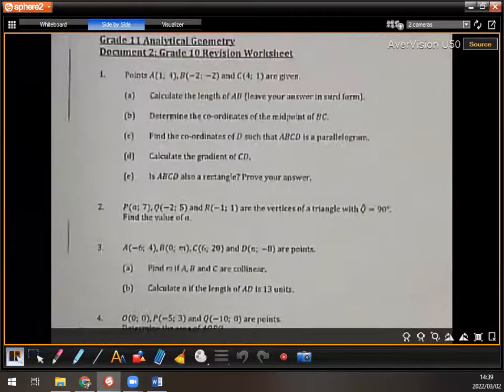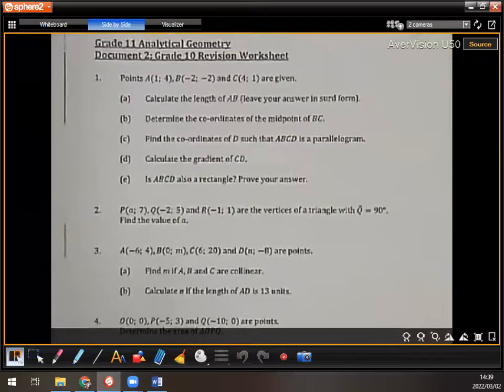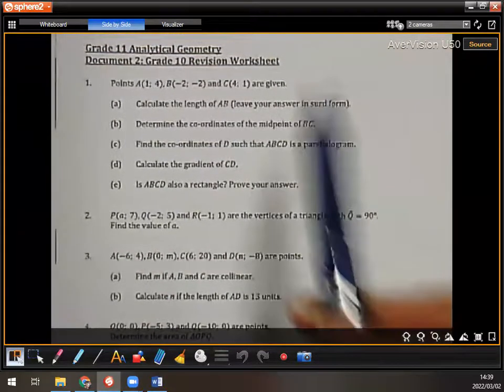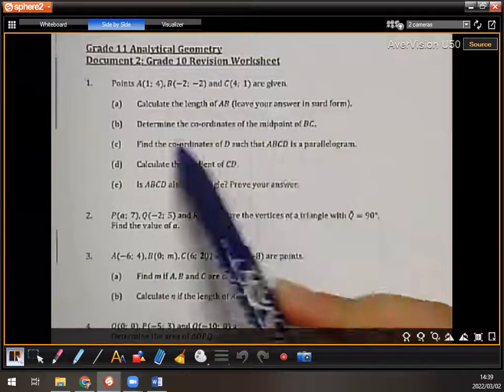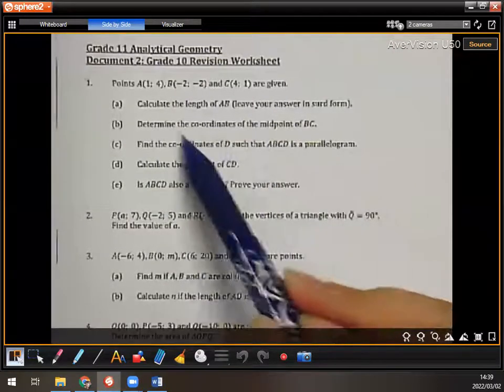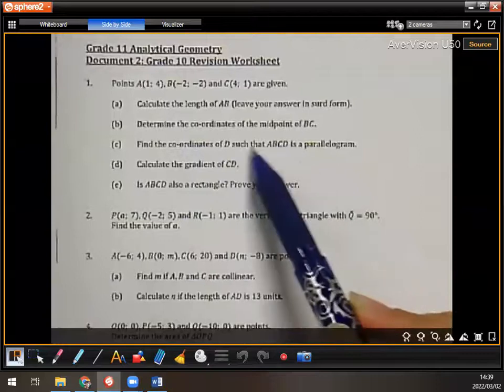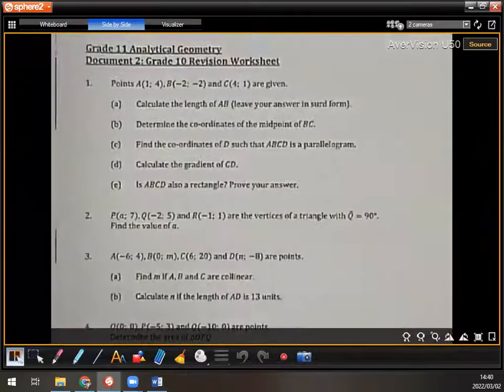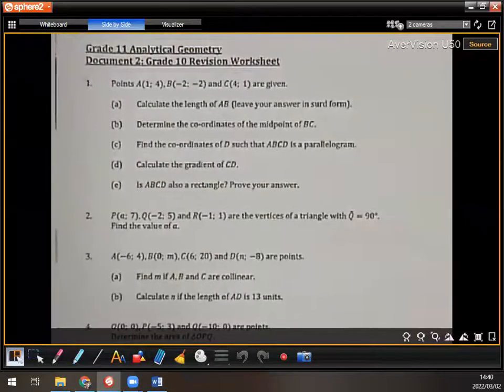Okay, we are going to practice. Let me just see. So this is a worksheet, a grade 10 revision worksheet. You ask for the length of A, coordinates of the midpoint of C, final coordinates of D such that A, B, C, D is a parallelogram, calculate the gradient, and is it also a rectangle? Prove your answer.